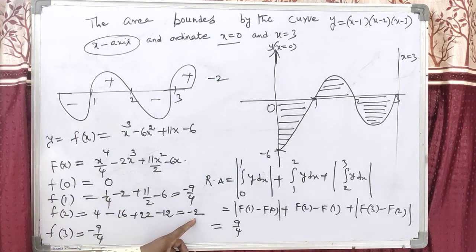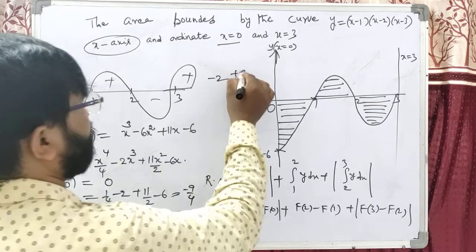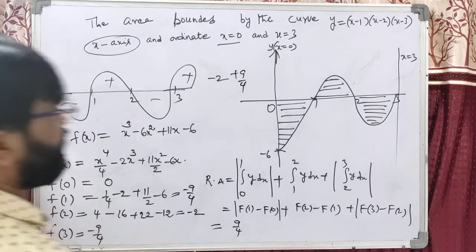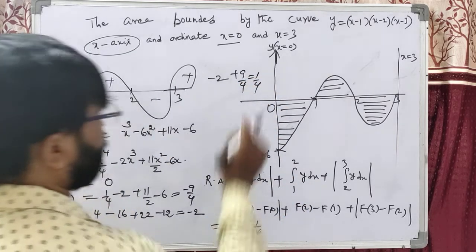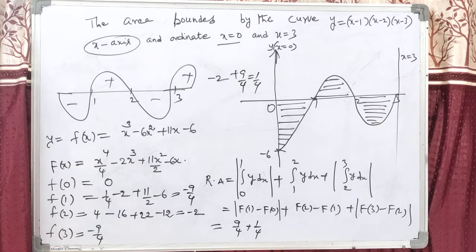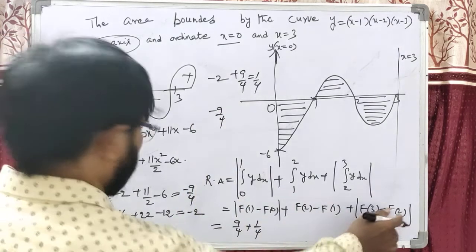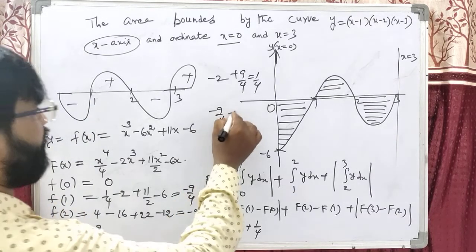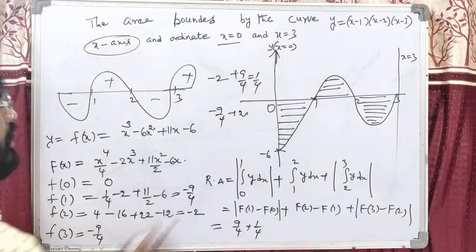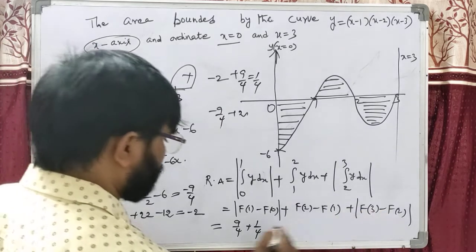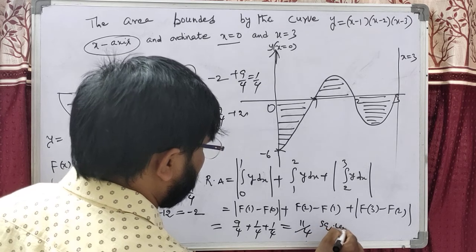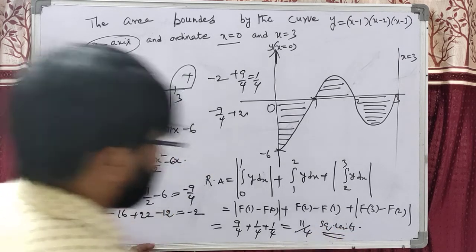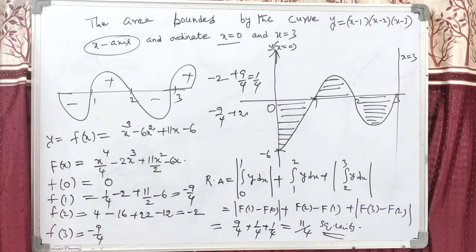Okay students, f of 1 minus of minus, plus 9 by 4. Dear students, we got here 1 by 4. F of 3 is minus 9 by 4, minus f of 2, minus of minus plus 2. Dear students, we got here minus 1 by 4, in modulus plus 1 by 4. This is the required area, square units.